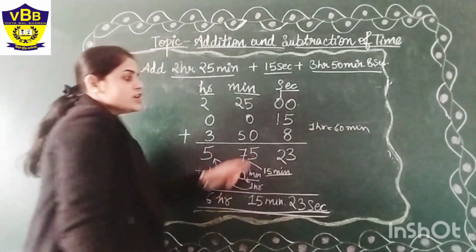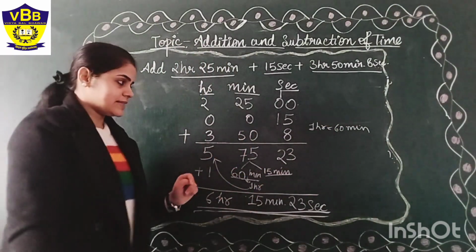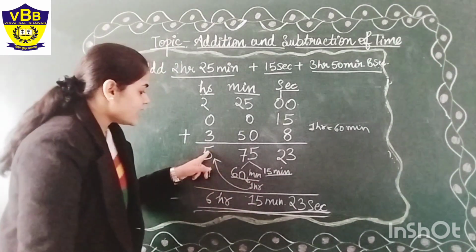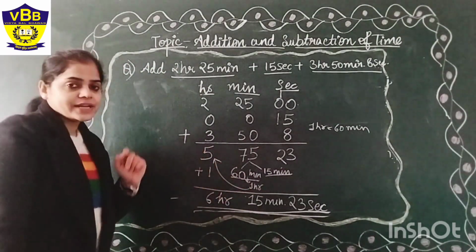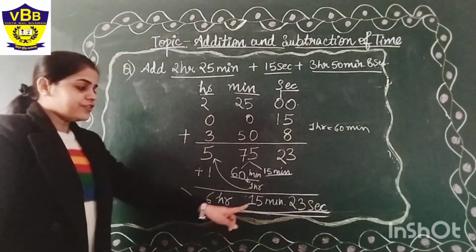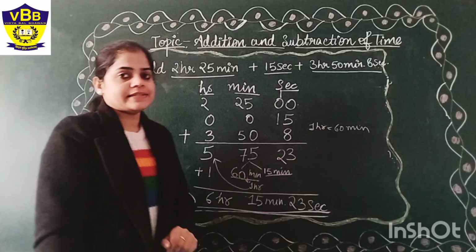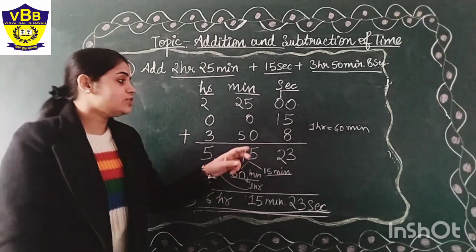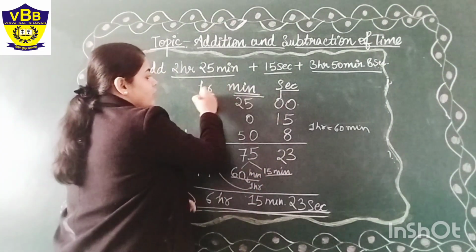Yes, 60 minutes. So this is carried forward here, plus 1. So it will become 6 hours 15 minutes and 23 seconds. Try to solve the other questions also so that you get clarity on the topic.